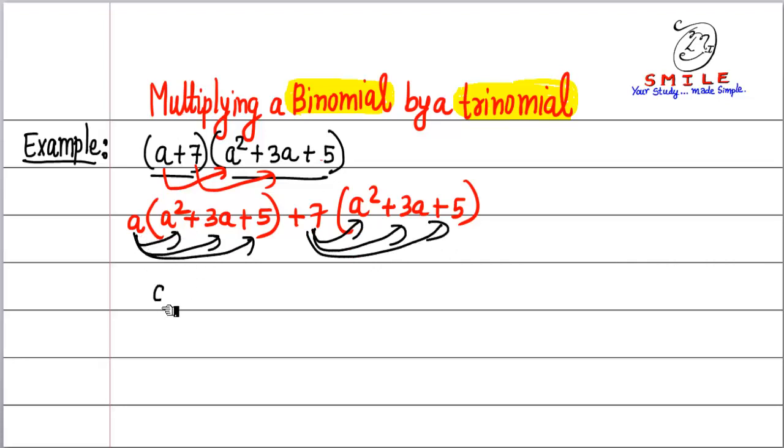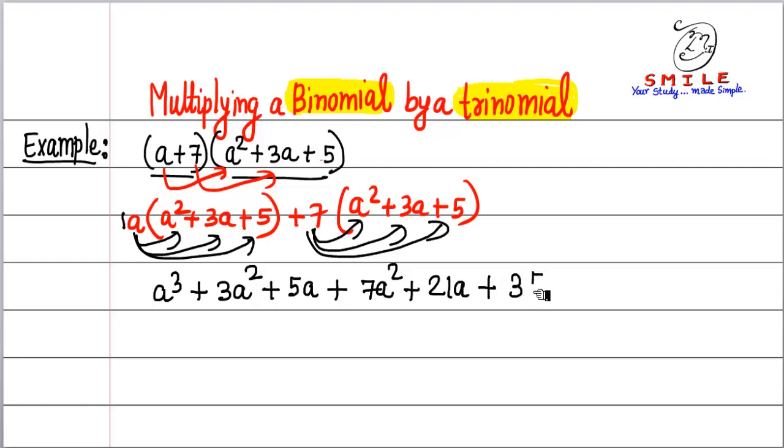So a into a square is a cube plus a into 3a becomes 3a square, and 1 into 5 is 5a. Here also it is 7 into a square, 7a square plus 7 3s are 21a plus 7 5s are 35.